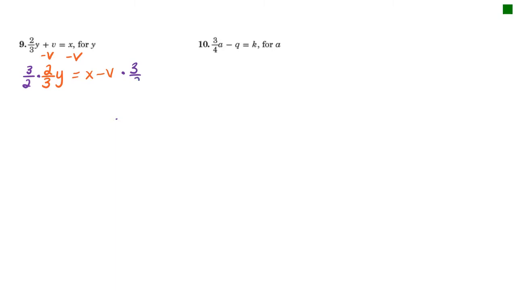All right, these cancel. I get y equals, now this is 3/2 times x minus b. It's times the whole thing. So I had to put that in parentheses to remind me that it wasn't just 2/3 times b, it wasn't 2/3 times x, it was 2/3 times both. Okay, so I write my answer like that.